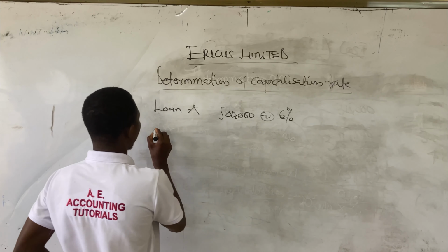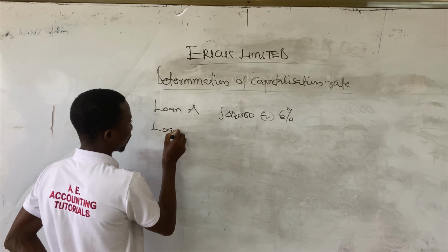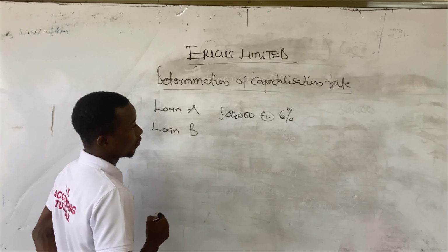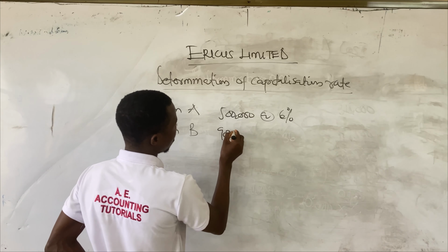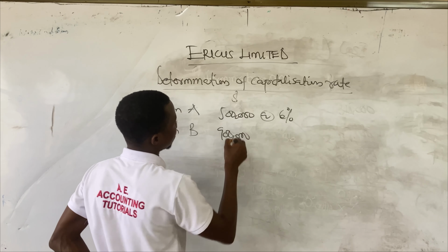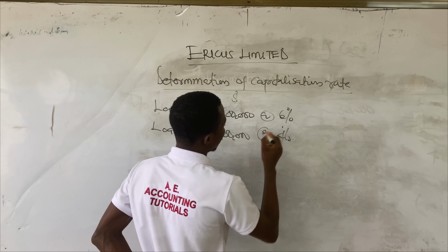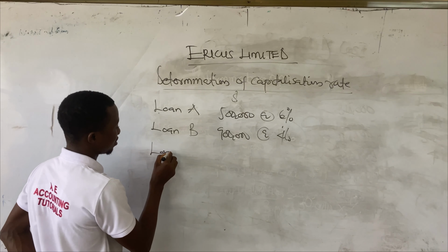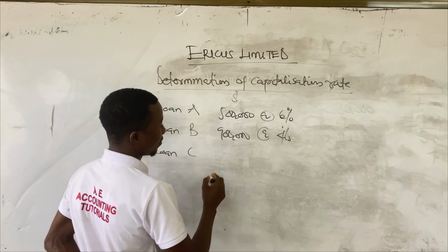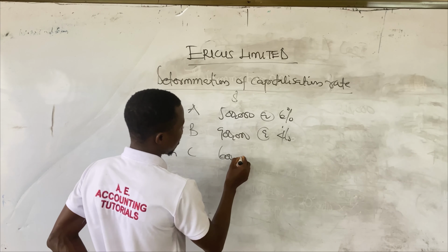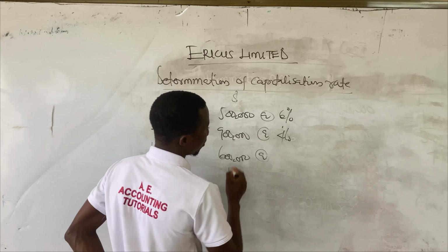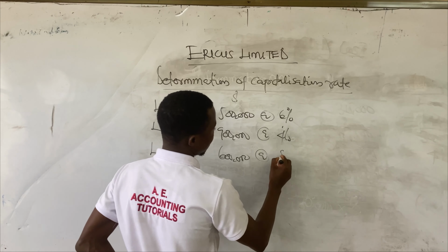We also have loan B of an amount of $900,000 at a rate of 4% from the question. We also have loan C of an amount of $600,000 at a rate of 8%.